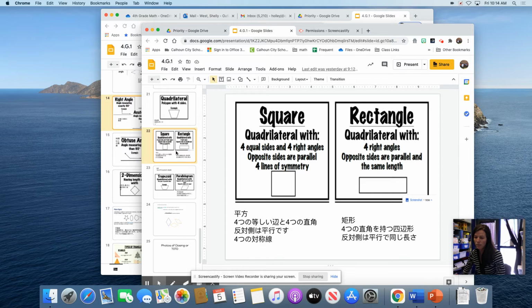And we haven't gone over symmetry yet, but you will hear about that in the next coming weeks during our COLA lessons or at home, depending on what you're doing. So a rectangle. A rectangle has 4 right angles. The opposite sides are parallel, just like a square, but the major difference is that opposite sides have the same length. And in a square, all sides have the same length.